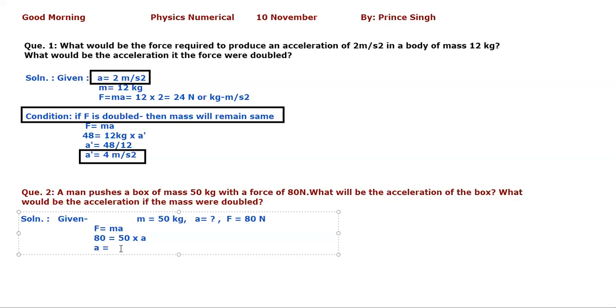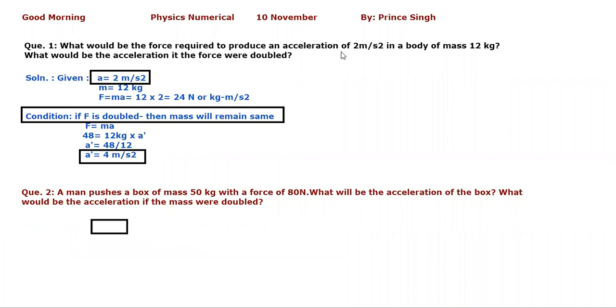Anyone else? A will be 80 divided by 50 equals 1.6 meter per second square. Okay, so this will be our first acceleration.